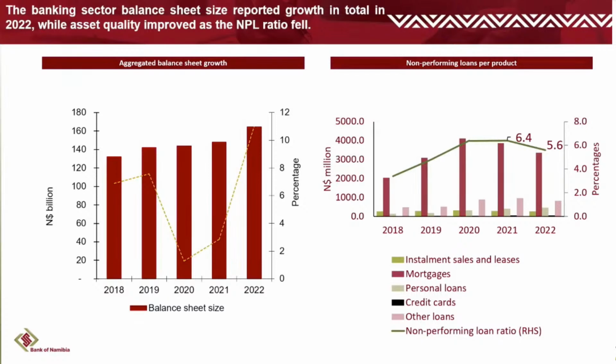This was a welcome improvement as the NPL ratio stood below the crisis trigger benchmark ratio of 6%, indicating that the quality of assets was satisfactory during 2022.